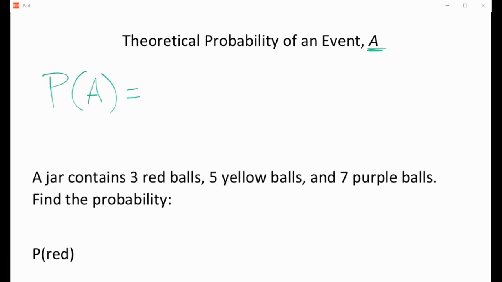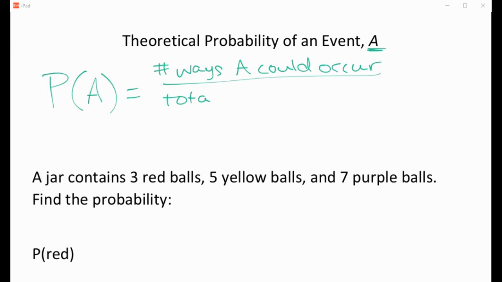To find it, you would say the number of ways A could occur over the total possible outcomes. That's why the total possible outcomes is important. It's always just the number of ways that A could occur over the total possible outcomes.